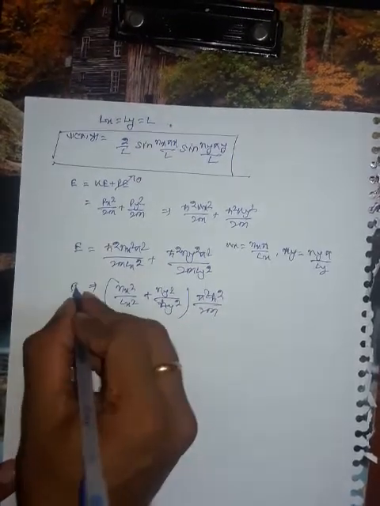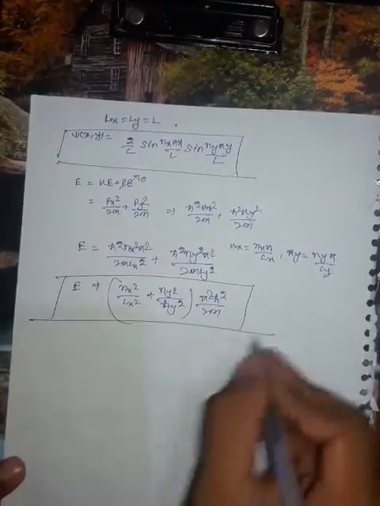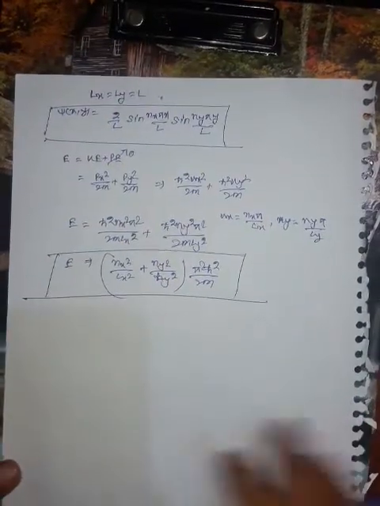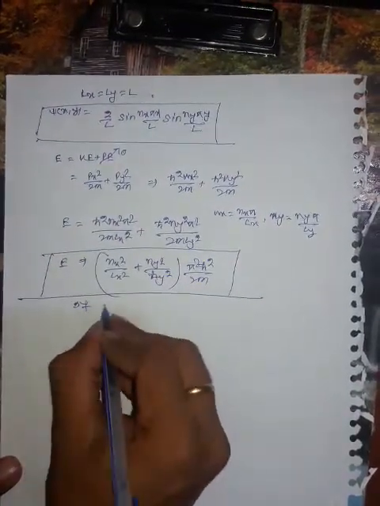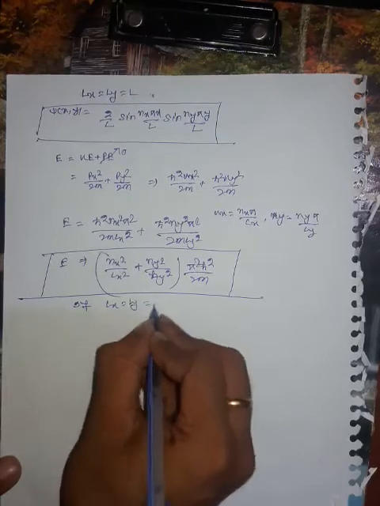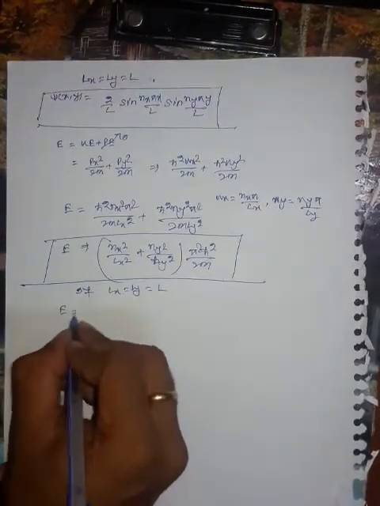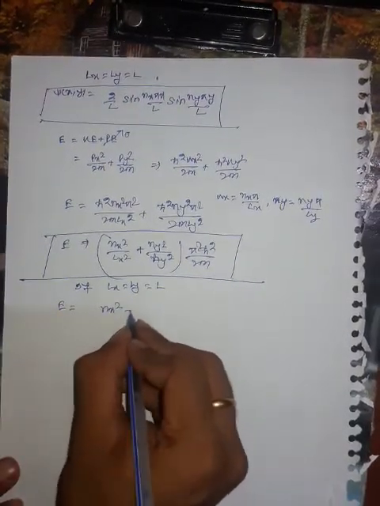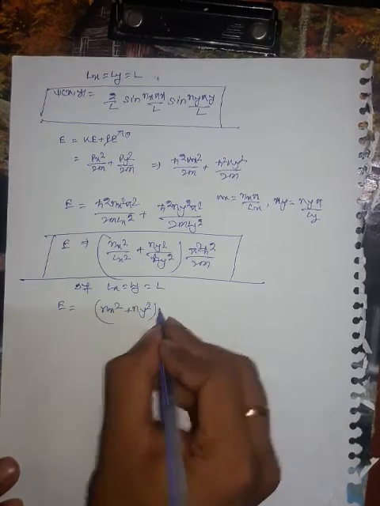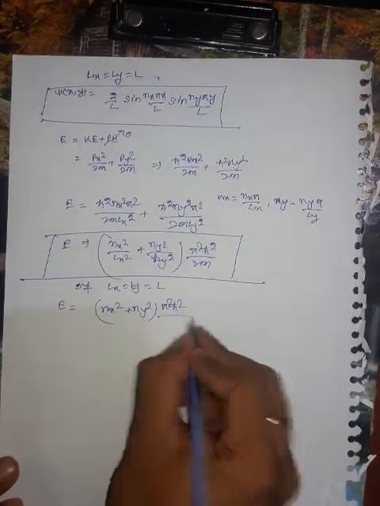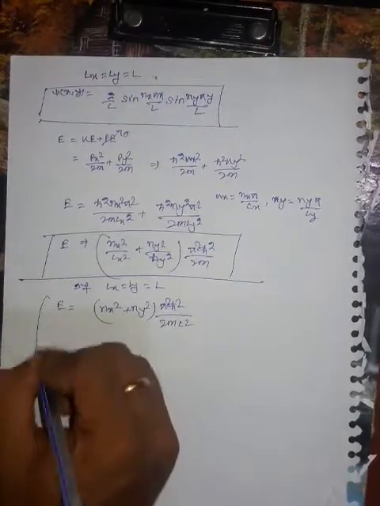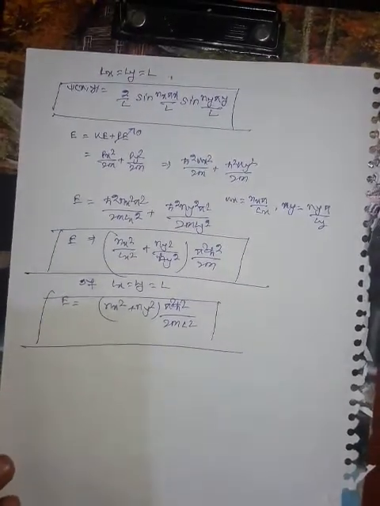This is the total energy of a particle inside a 2D box. Here if the lengths become the same, lx equal to ly equal to l, the above energy becomes E is equal to (nx square plus ny square) whole into pi square h cross square by 2ml square. So this is the energy.